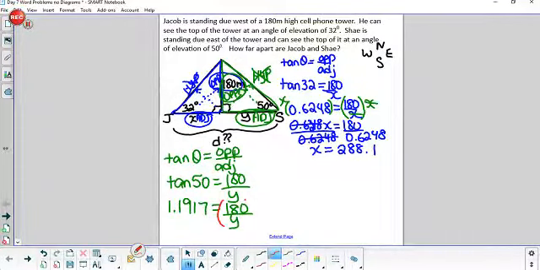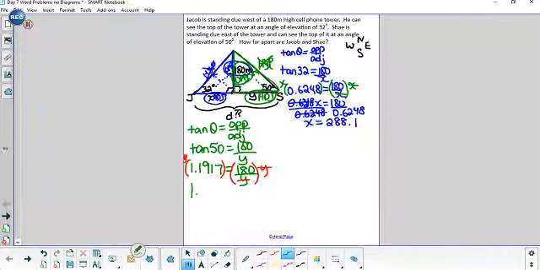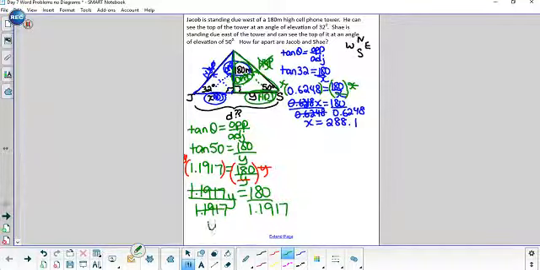Multiply both sides by your variable to move it out of the fraction. So we end up with 1.1917y equals 180. Divide by 1.1917, and you get y equals 151.03. So Shay is 151.03 meters away.